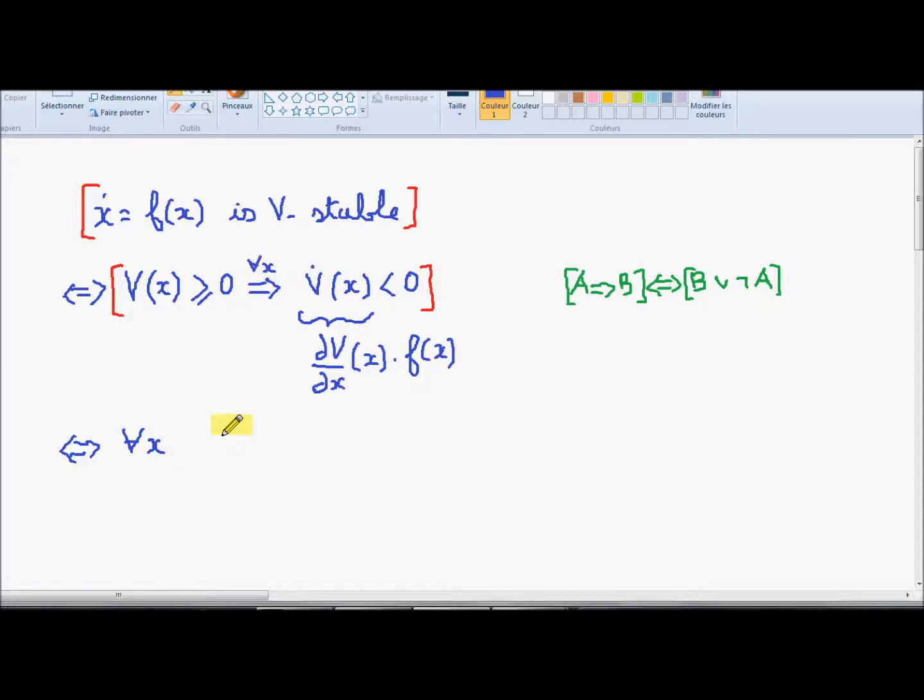So for all x, I have either B, which corresponds to the derivative of V with respect to x multiplied by f of x, negative, or the negation of this, which corresponds to V of x negative.